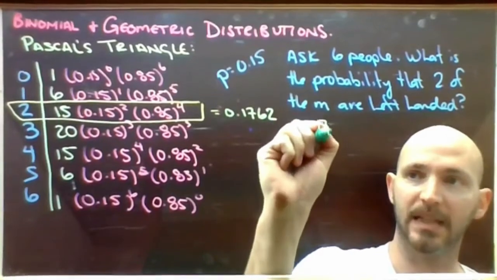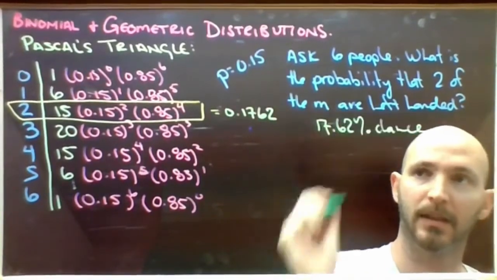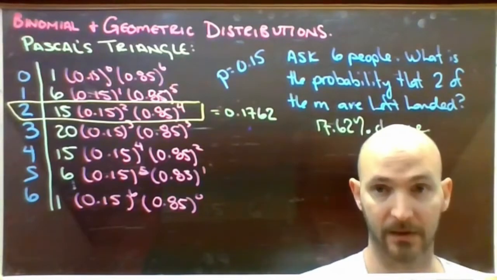So there's a 17.62% chance that exactly 2 of them are left-handed.